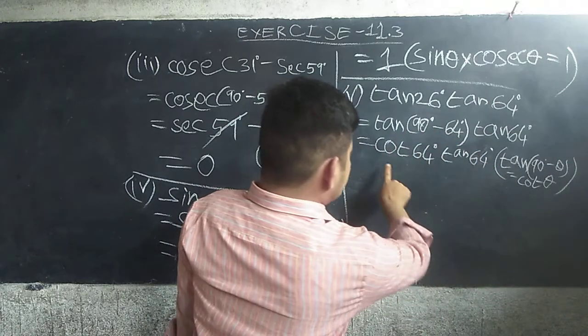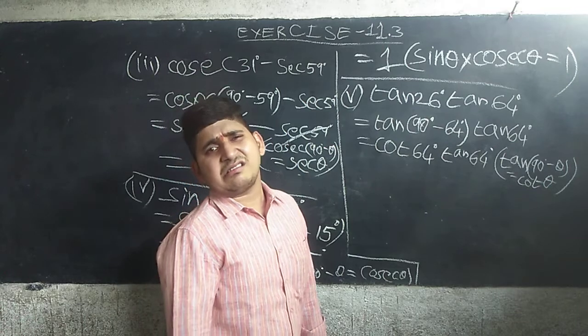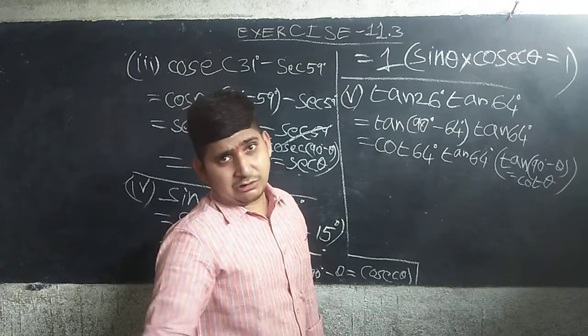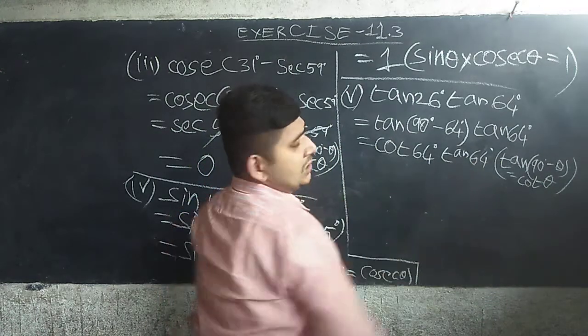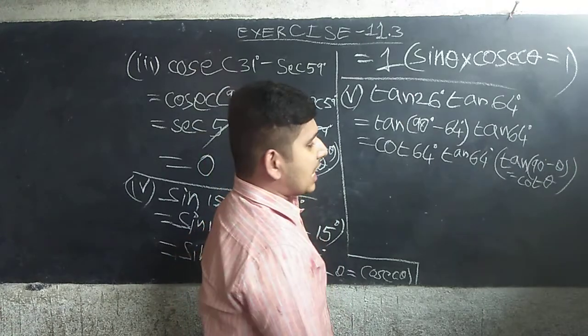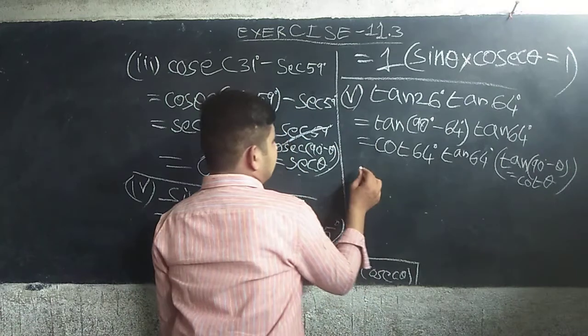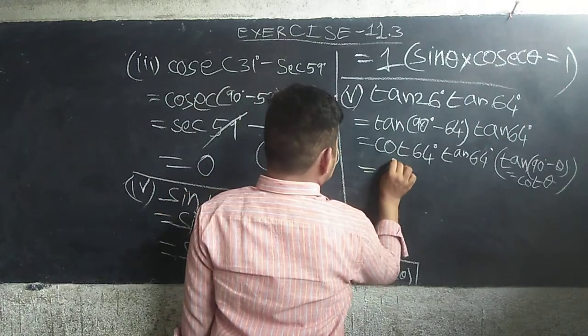Now cot 64 into tan 64, that is cot theta into tan theta. We know that tan theta into cot theta equals 1. Same angle 64, 64, so we get 1. Therefore cot 64 into tan 64 equals 1.